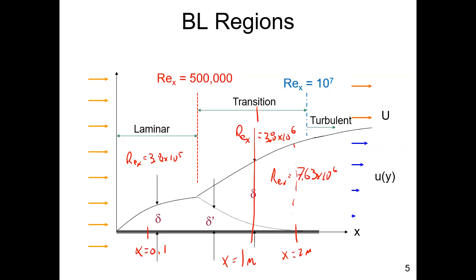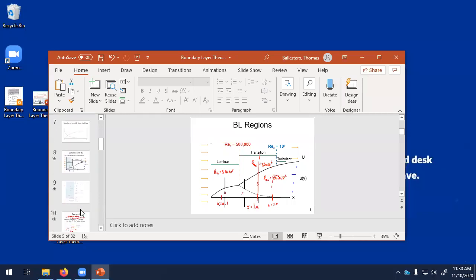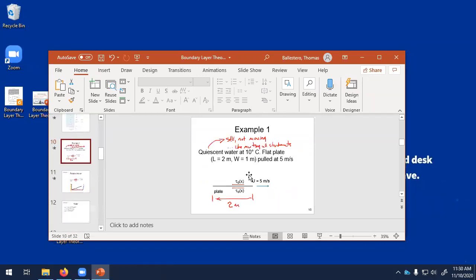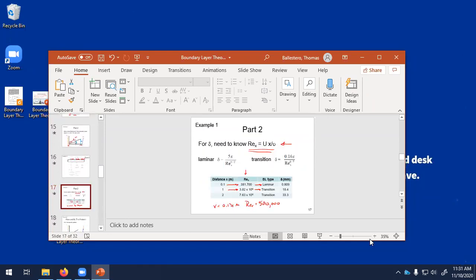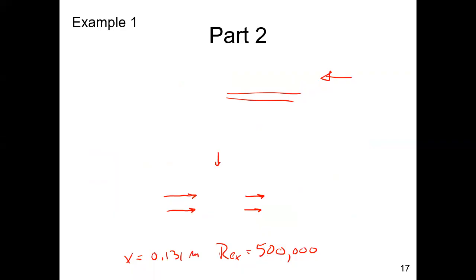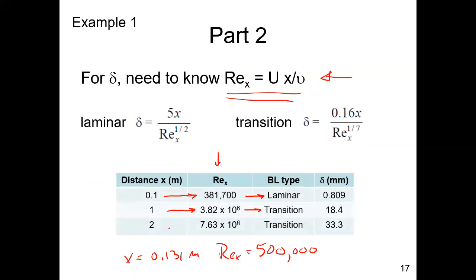So at x equal to 2 meters, you also have a transitional boundary layer at that location. So this is where we were. And again, at this last distance, we know that we have a transitional boundary layer.